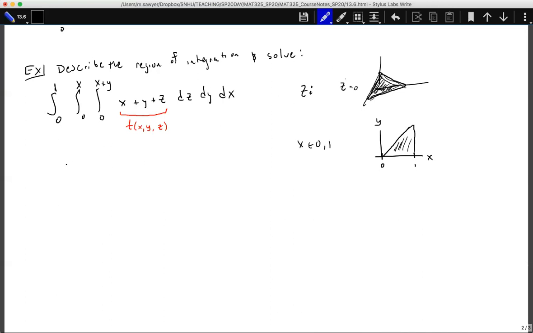So that's essentially what's going on here. As we solve this integral, we have 0 to 1, 0 to x, xz plus yz plus 1/2 z squared evaluated from 0 to x plus y, dy dx. So this gives us 0 to 1, 0 to x, we get x plus y squared.